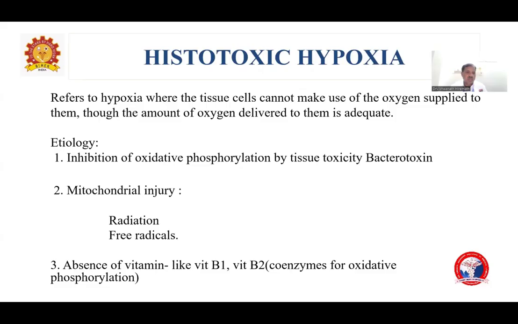Etiology: inhibition of the oxidative phosphorylation by tissue toxicity because of bacterial toxin, mitochondrial injury due to free radicals, absence of vitamins like vitamin B1 and B2, coenzymes required for oxidative phosphorylation.